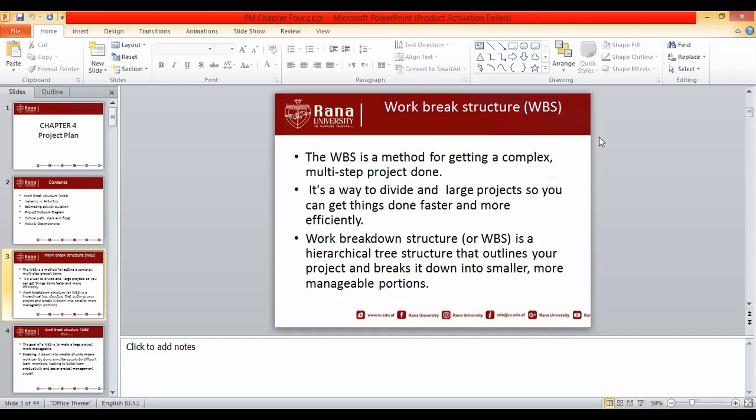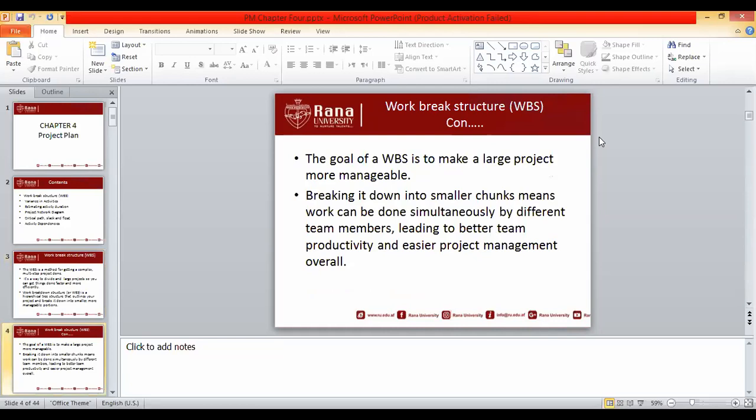And the second terminology associated with WBS is work package. Work package simply means when you group or combine tasks based on their similar or some common characteristics.